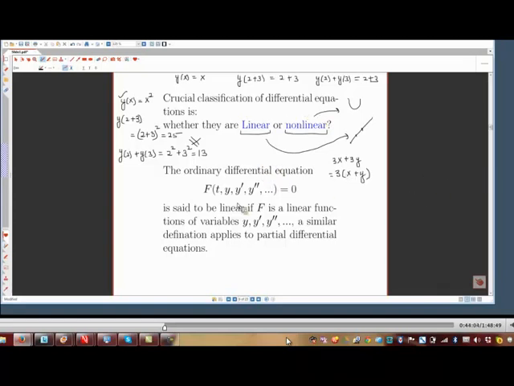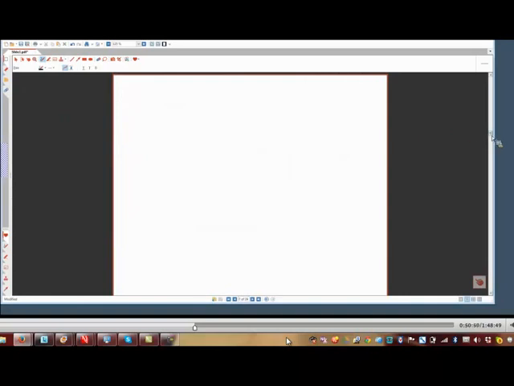Differential equations are said to be linear if this function f is a linear function of the variables. When I say f is a linear function of variables, what I mean is: f is said to be linear if you grab two unknown functions, y is one function and, say, y hat is another function.